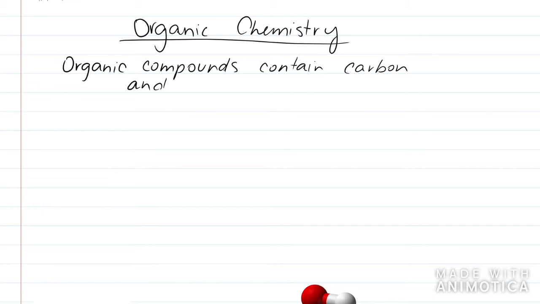There are some that are not, like our carbonates, our CO3s, our carbon dioxide, our carbon monoxide. Those are not organic compounds. Organic usually makes it sound like these compounds always come from living things. Some of them do, some of them don't. There are quite a few that do come from living things, though.